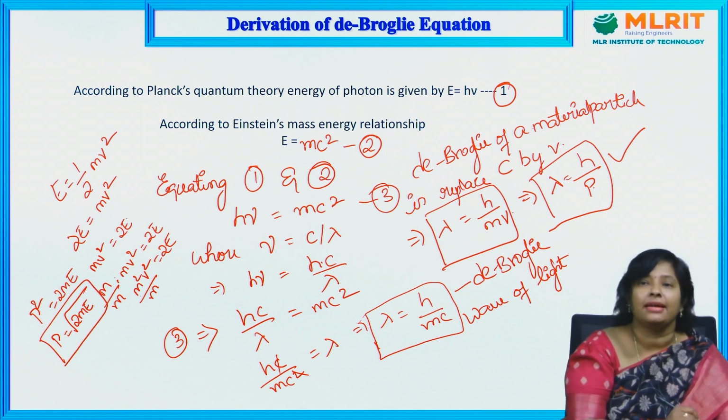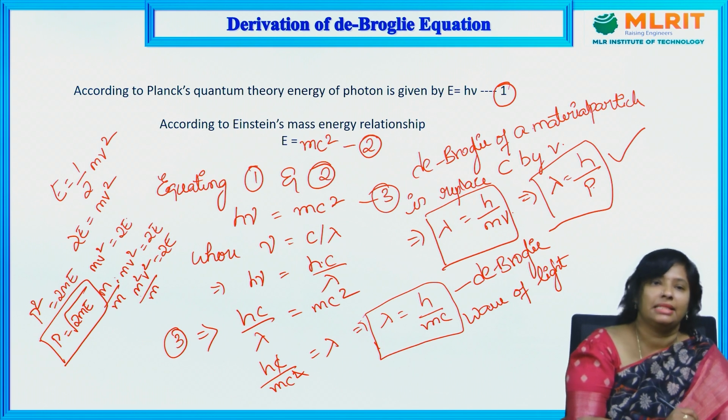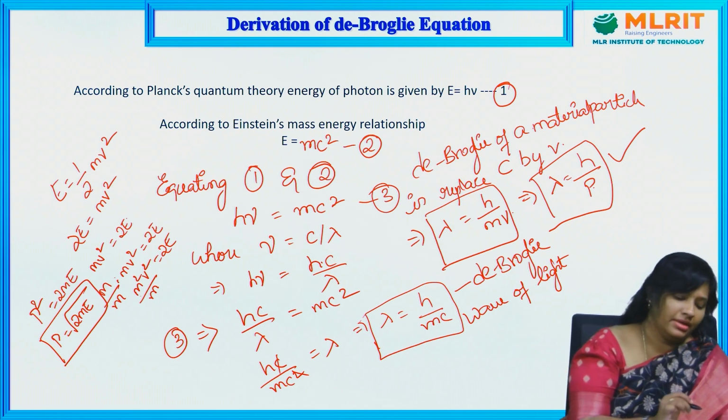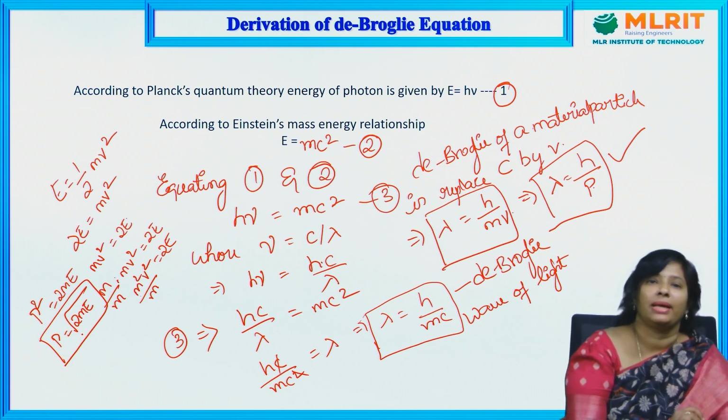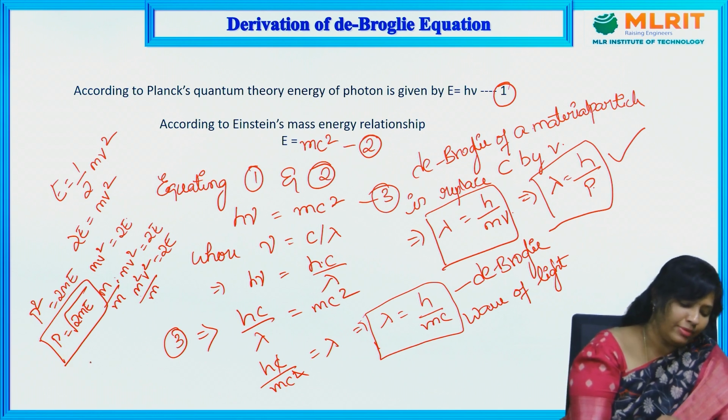If E is the kinetic energy of a particle, then the momentum in terms of kinetic energy is p is equal to under root of 2mE. Then the de Broglie wavelength lambda is equal to h by p, which is equal to h by under root 2mE.